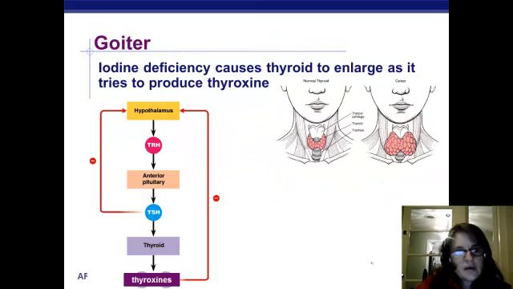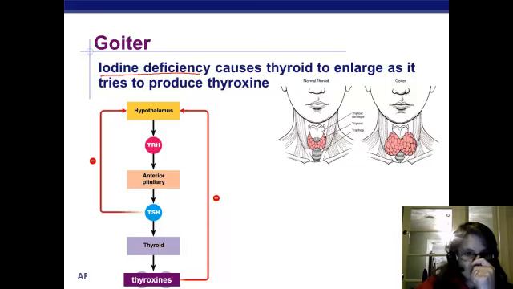Okay? So, goiter is a disease that is caused by a lack of iodine in the diet. Now, what happens then is the hypothalamus says, okay, we need to release some thyroid stimulating hormone, so it releases releasing hormone that tells the anterior pituitary to release TSH, which then tells the thyroid to get busy.